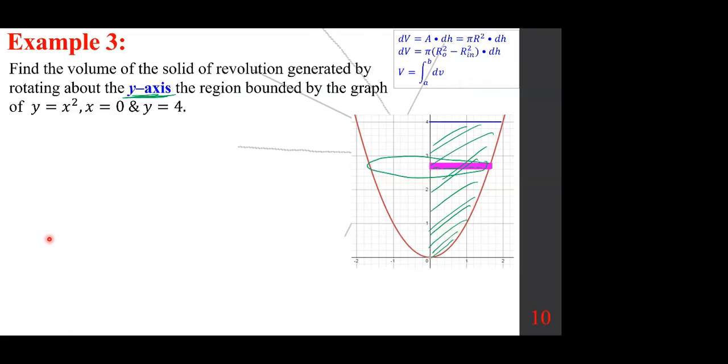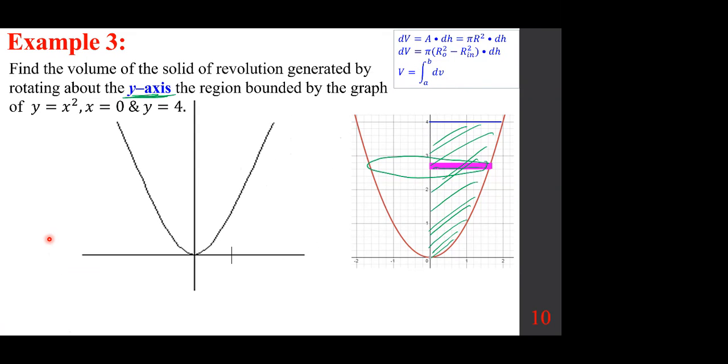Okay, it looks like this, class. So the disk looks like that. Now we want pi r squared dh. What is this r? Okay, let's actually write next to it. This one has coordinates x comma y.